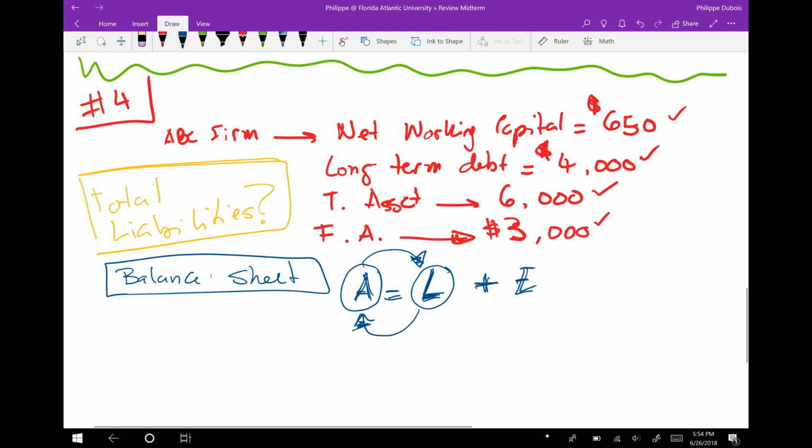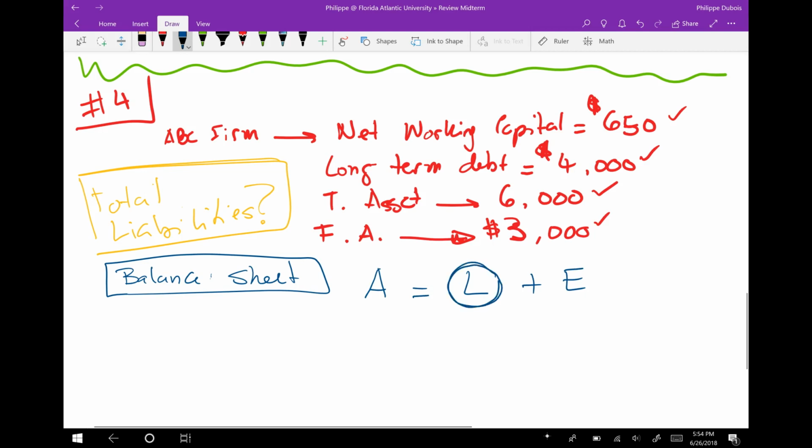Let me repeat that equation because it's very important. Sometimes, even in the master's program, I have students submitting financial statements like balance sheets that are not balanced. So why do we say that the left side of the balance sheet needs to be equal to the right side? Simple. Asset equals liability plus equity, right? Two ways of raising money in a company, either with liability, your debt, or equity, the money given to you by your stockholders, your shareholders.